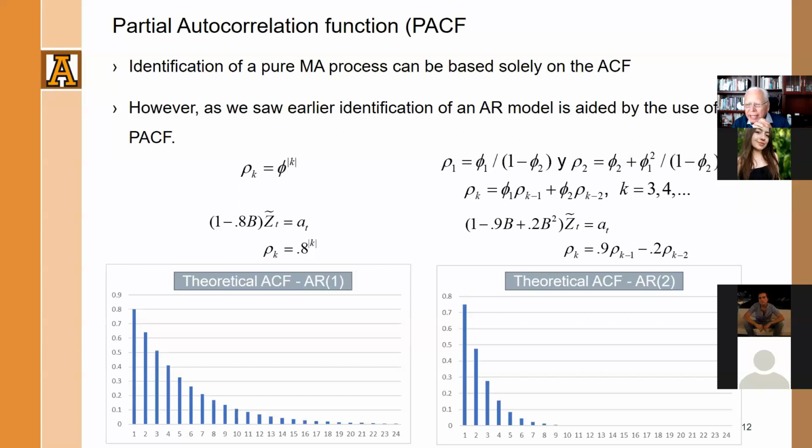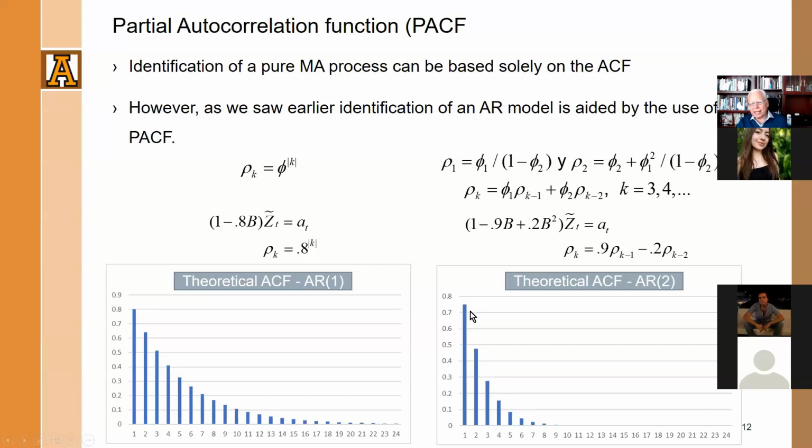And the good thing about the script that we reviewed last class is that you can generate several series, and you can generate the theoretical and the estimated ACFs and PACFs. This is the ACF of an AR1. This is the ACF of an AR2.